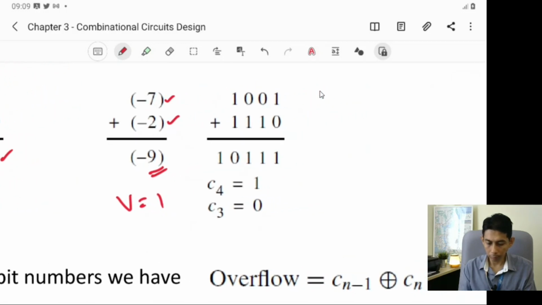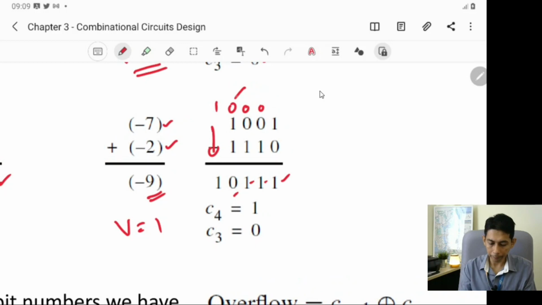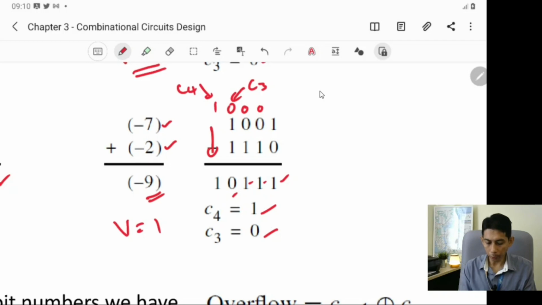So look at the operation here. 1 plus 0, we have 1. 0 plus 1, we have 1. 0 plus 1, and of course this 1, we have no carry here. 0 plus 1, we have 1, no carry. 1 plus 1 plus 0, we have 0, and we have 1 carry. This means that here C3 equal to 0, C4 equal to 1.